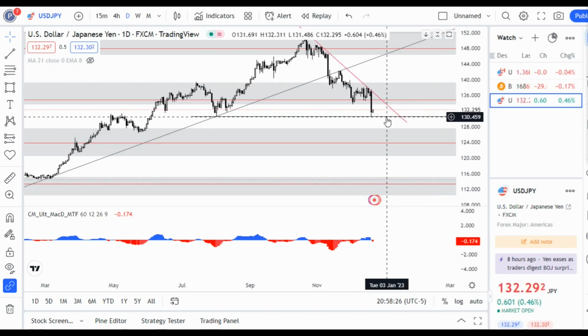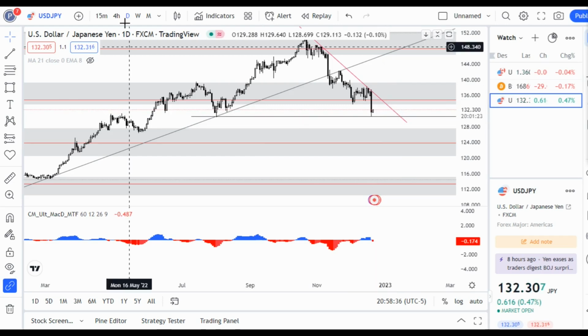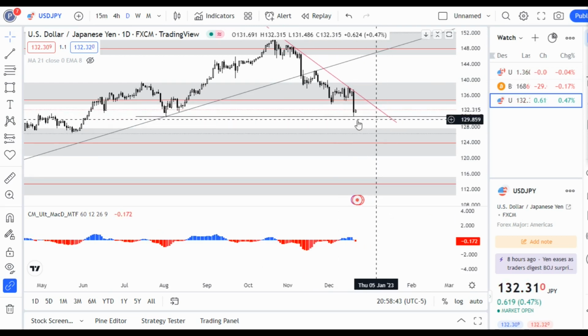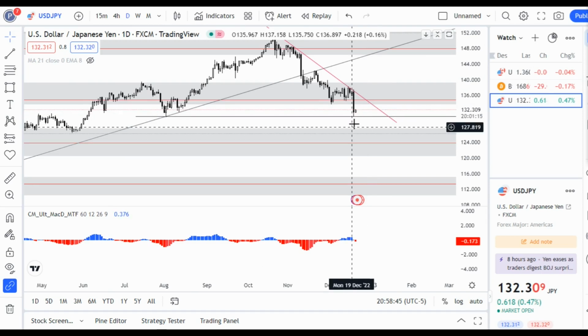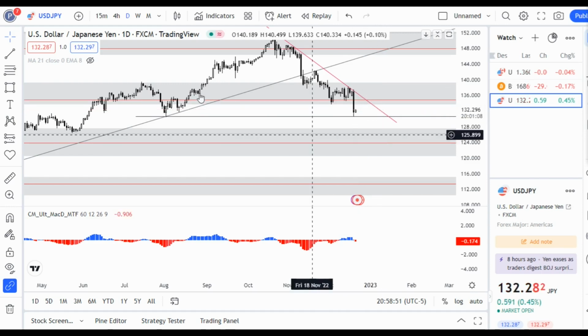Since this one hasn't been broken, we cannot say that we are going for a sell, and we also cannot say that we are going for a buy based on the daily time frame currently, because we haven't gotten any other confluence here to support that. Once the market structure is broken, then we will push in for a buy to a certain place.